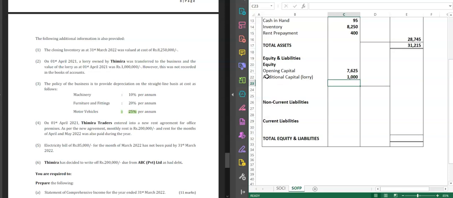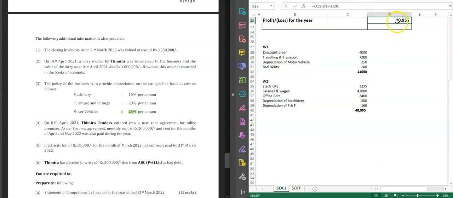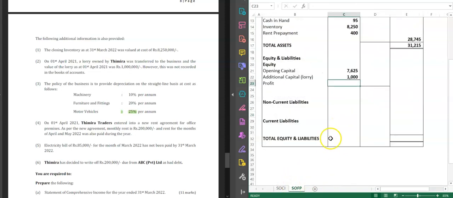Then what else to add to the equity? Nothing else. Only the profit. How much is the profit? That is 10,955. Then if you add that all, then you get a total of 19,580.